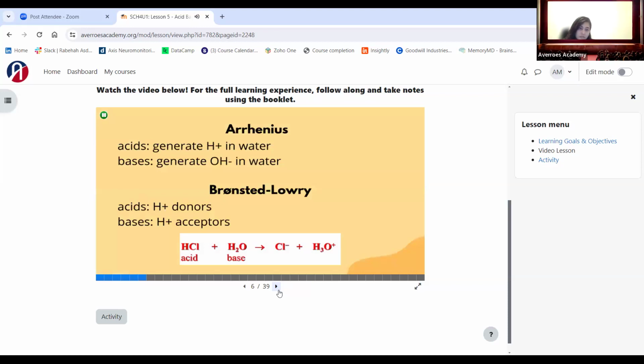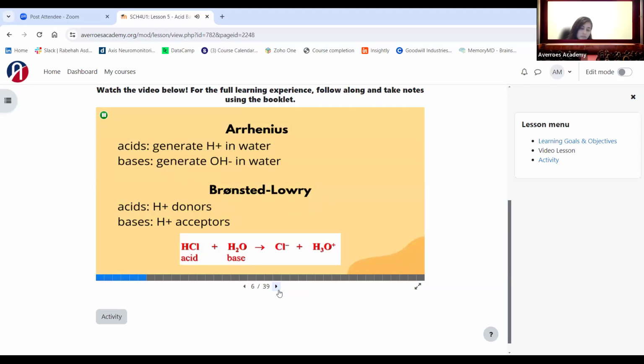So the Arrhenius theory, again, states that acids generate H+ ions in water and bases generate hydroxide ions in water, but the Bronsted-Lowry theory is just in terms of protons. So for example, when hydrogen chloride reacts with water, a proton is transferred from a hydrogen chloride molecule to a water molecule, forming a hydronium ion, H3O+, and a chloride ion.